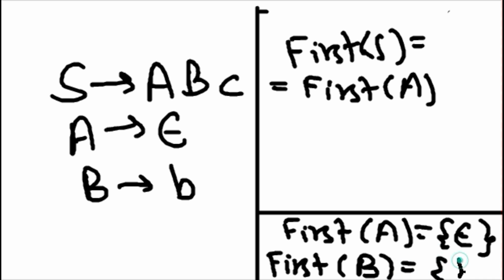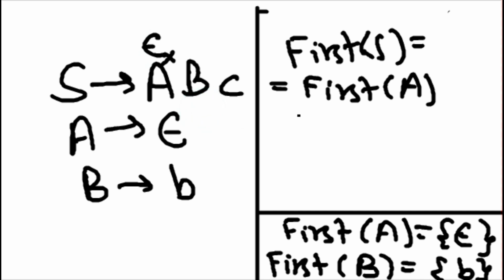First of B is small b. Now you know that first of S is first of A, but A is deriving an epsilon, so you cancelled A and then you moved on to B, because epsilon means the end and you don't want to end the parser, so you will go to the next one.